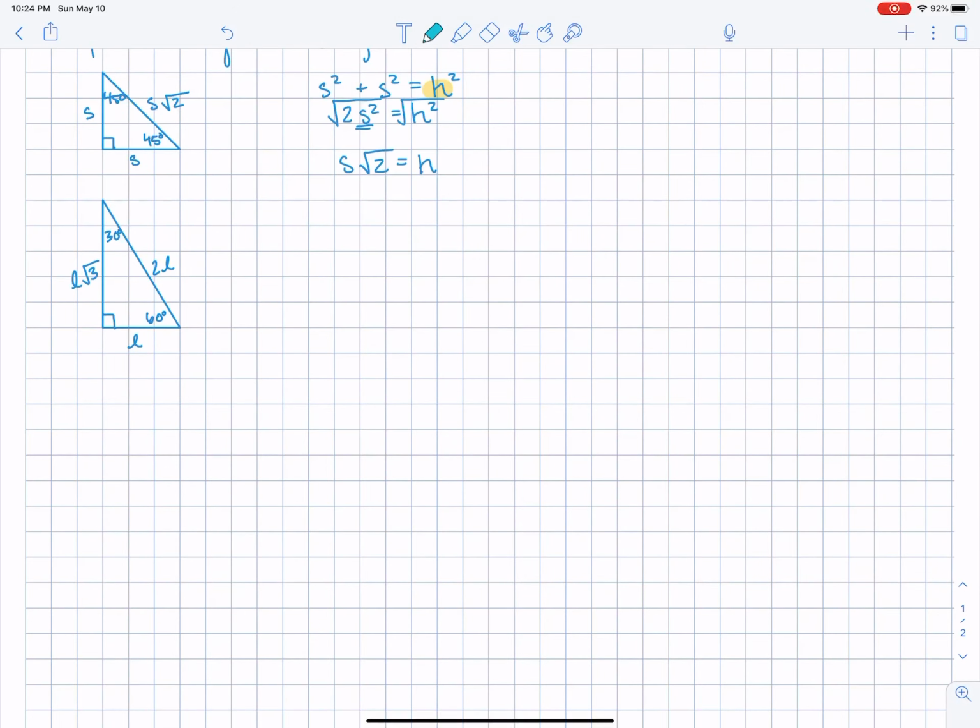We need to prove this. How we're going to prove this is that we're actually starting with an equilateral triangle. Now, my triangle is not equilateral, forgive me, but we'll just pretend that it's equilateral. We'll put these little dashes in here to say, yes, they are.